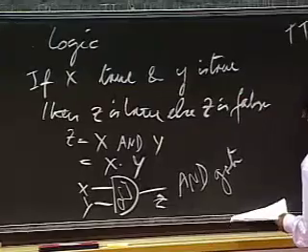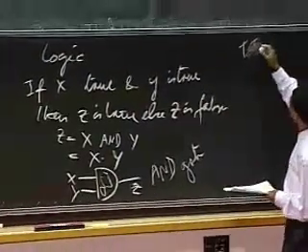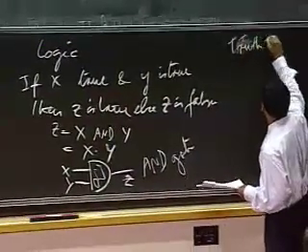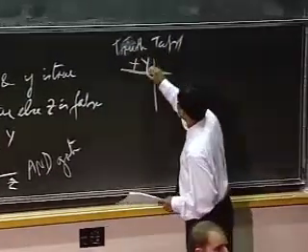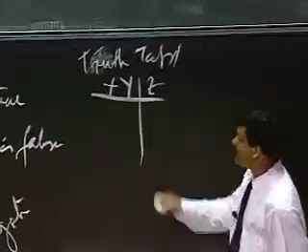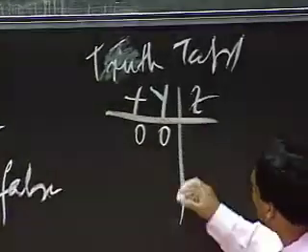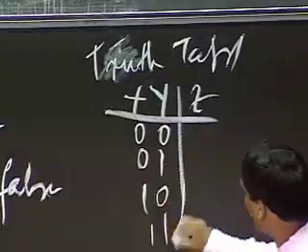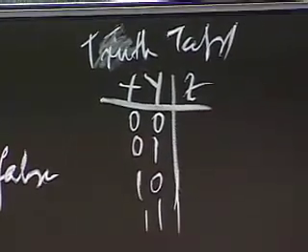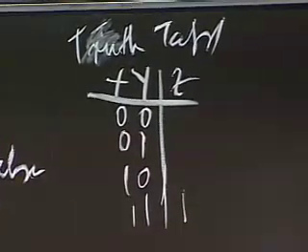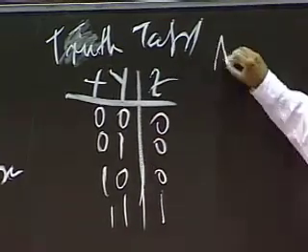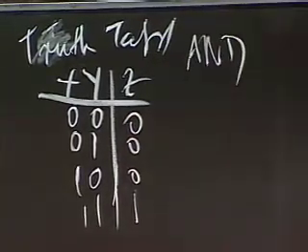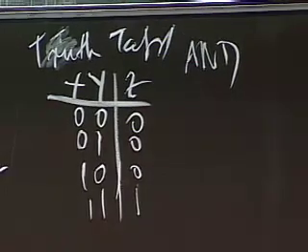I can also represent logic in truth tables. Truth tables simply enumerate all the values and the corresponding outputs. So inputs can be 0, 0, 0, 1, 1, 0, or 1, 1. For an AND system, output is a 1 only if both are 1s. It's a 0 otherwise. So that's the truth table for the AND gate.